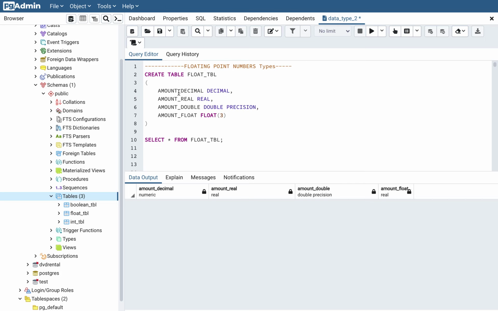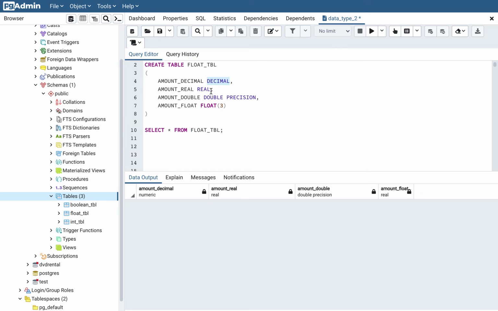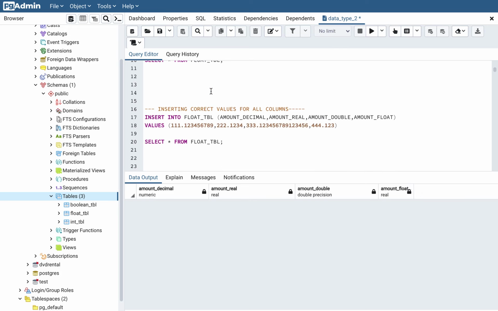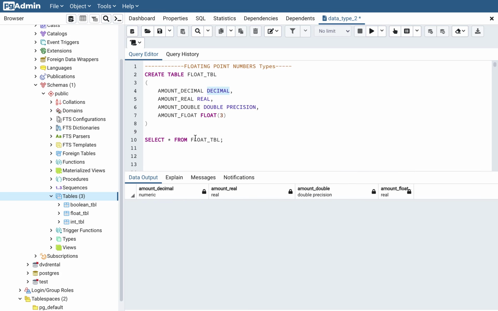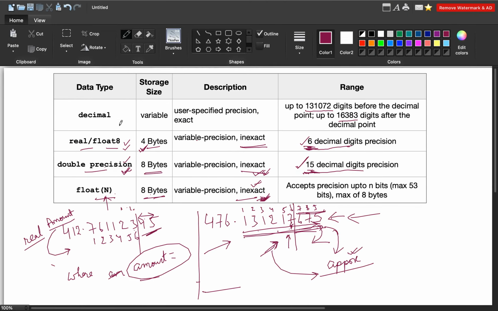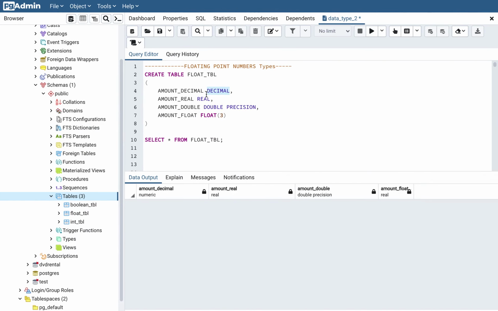You might see that for amount decimal, while creating the table, we created it as a decimal, but this has been created as a numeric data type. You should be mindful that whenever you create any table with a decimal data type, the SQL engine will automatically convert it into a numeric data type.